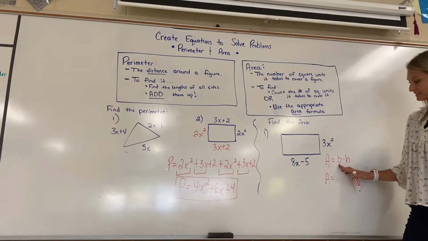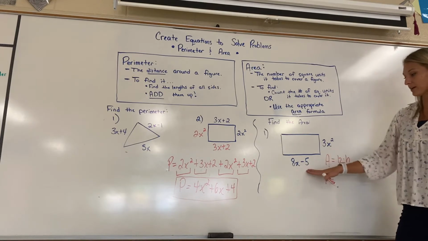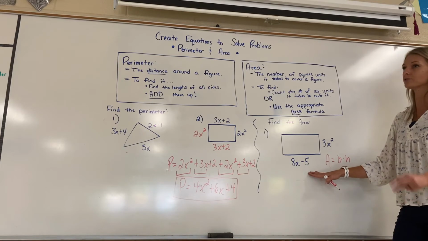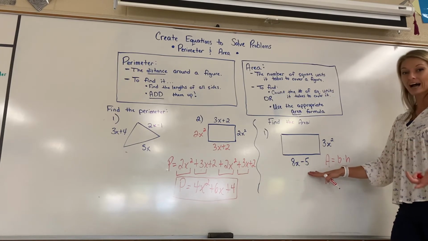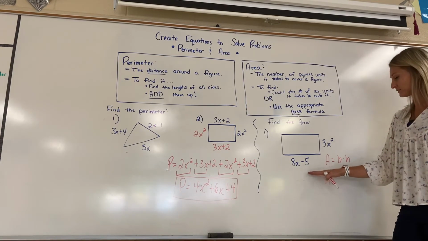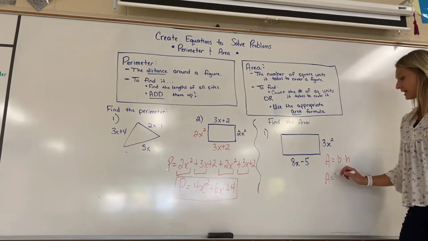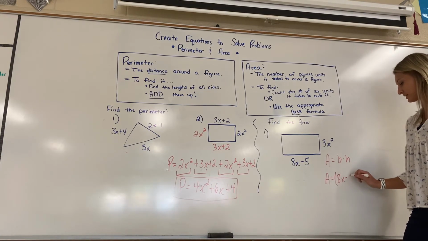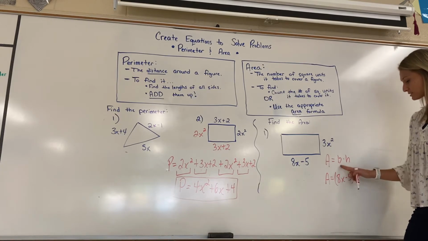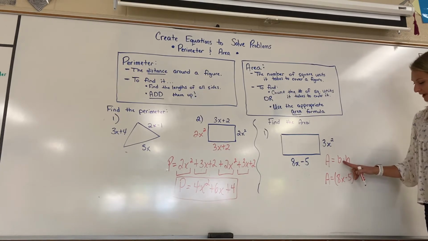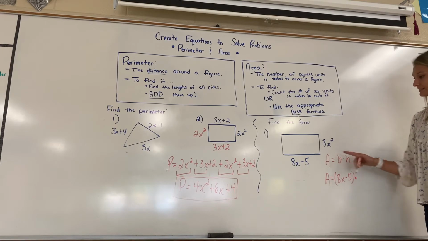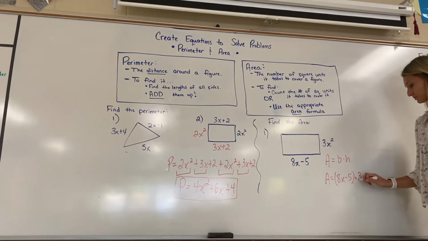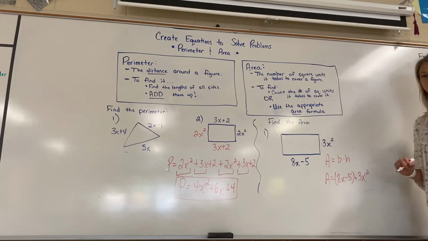All right, so from there, we're gonna plug it into this formula. Your base would be the bottom of that figure, or the base of the figure is kind of 90 degrees to the height of it, and we'll get into that later. Okay, so this would be your base, and since it's got two terms to it, I'm going to put it in parentheses, so it'd be 8x minus 5, that's my base, and then I have to multiply that times the height. And this is the height, so I'm going to multiply it times this 3x squared.